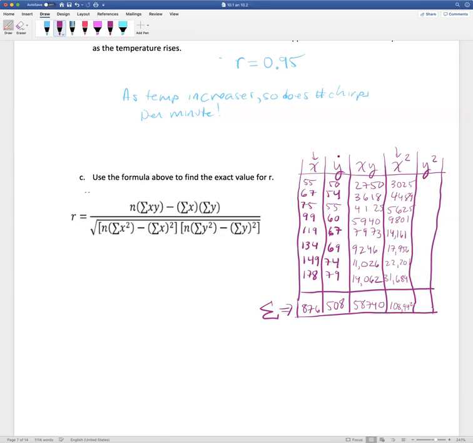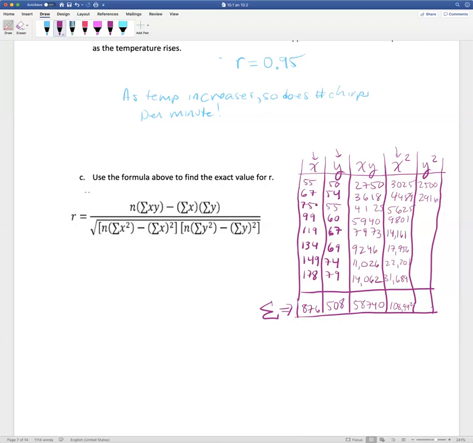We're going to do the y squared. We're almost there. You guys are doing great. Okay, so y is 50. Y squared is 2,500. 54 squared, 2,916.